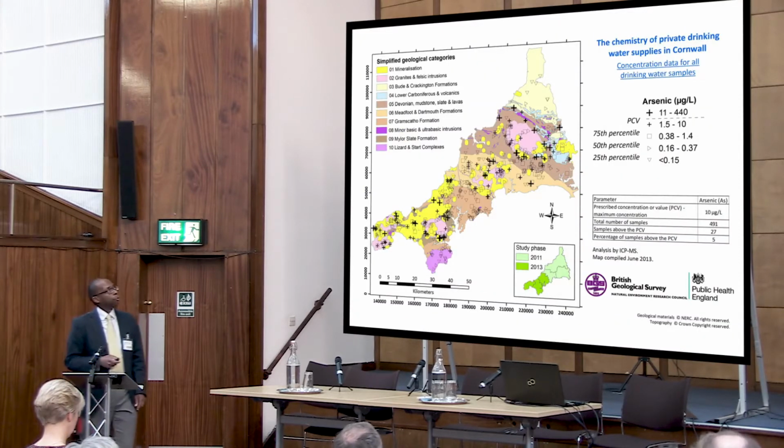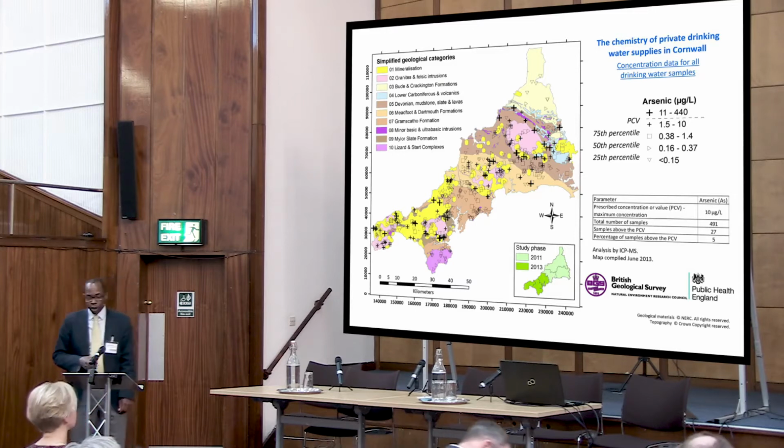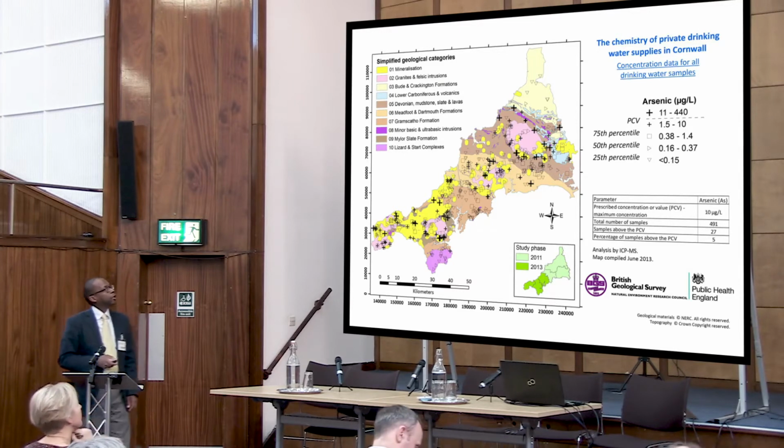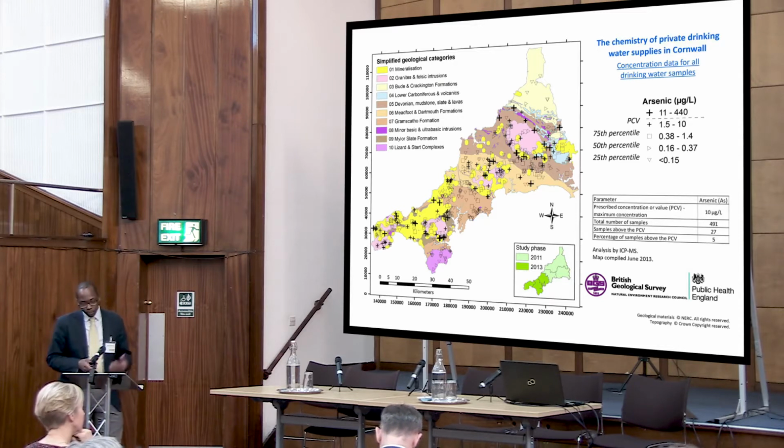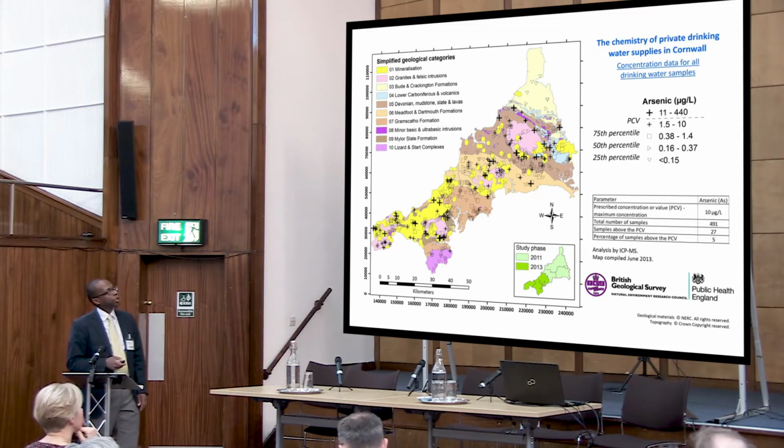Moving on to water, and in this case private water supplies. This work was done in conjunction with the British Geological Survey, looking at the impact of geology on private water supplies, and principally in this case arsenic levels.